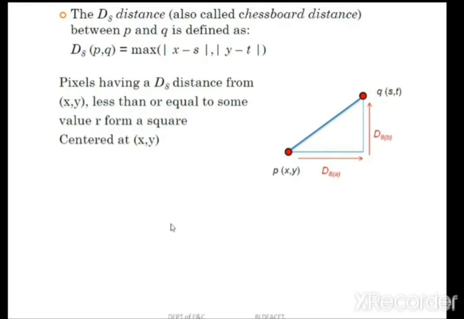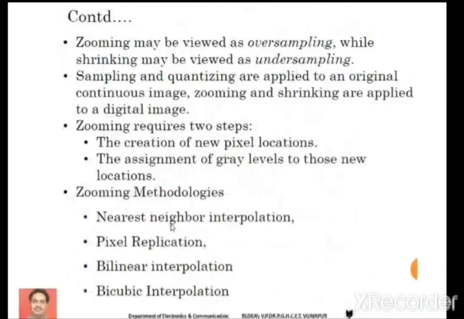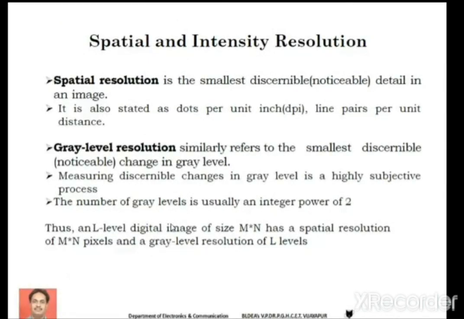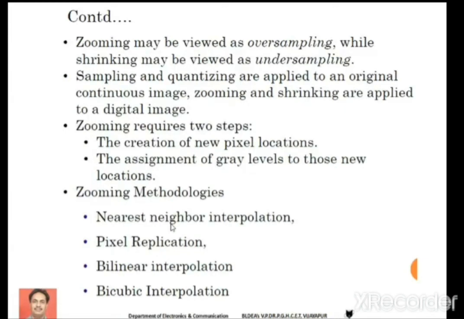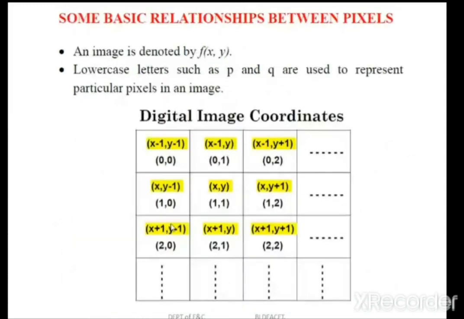Students, this is all about today's class. In today's class, we started with the topic called spatial resolution and intensity resolution, and we discussed the concepts of zooming and shrinking of the image. For zooming, we can go for the interpolation technique and pixel replication technique, and for shrinking of the image, we can go for pixel deletion, which is exactly opposite to the pixel replication technique. Then we discussed the relationship between the pixels.